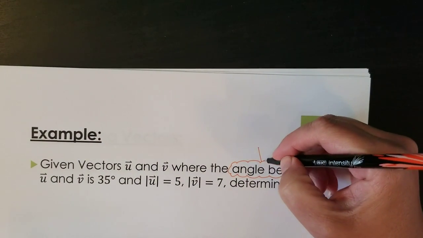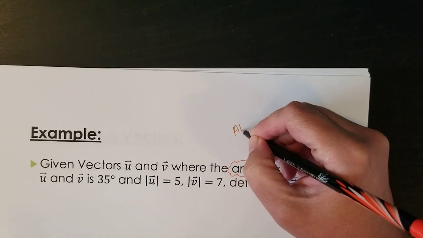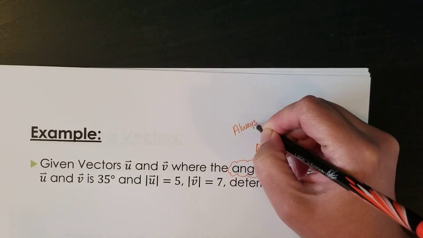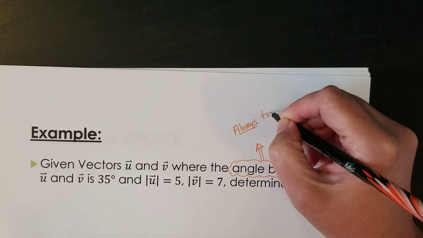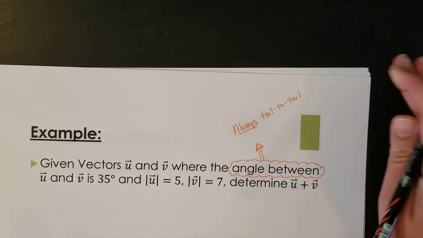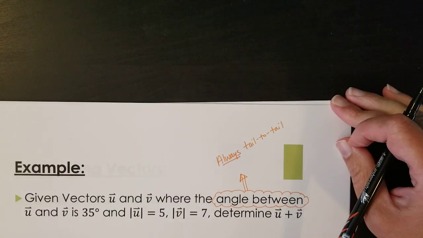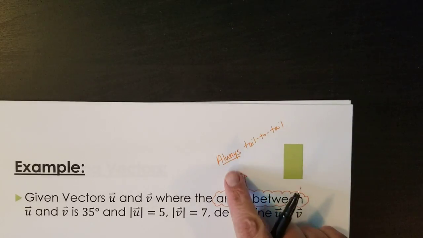So this angle between is always tail to tail. And that can be a little bit tricky to remember, I guess, because that's not actually how we add vectors. We add them head to tail.